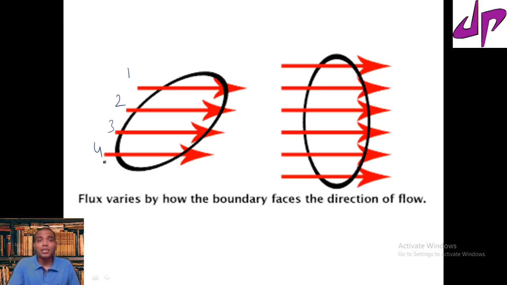In the same case, you can see the orientation of the surface area is entirely different than that. Now in this case how many flux lines are flowing? The number of flux lines flowing in this case is 6. It means if you change the orientation of the surface area, the flux also changes.